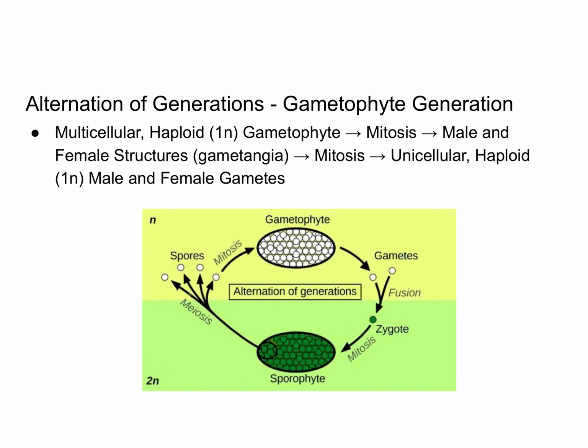On the previous slide, we left off talking about the gametophyte, which, remember, is multicellular and haploid. Now in humans, in order to form gametes, we have to go through meiosis, but plants can produce gametes through mitosis.